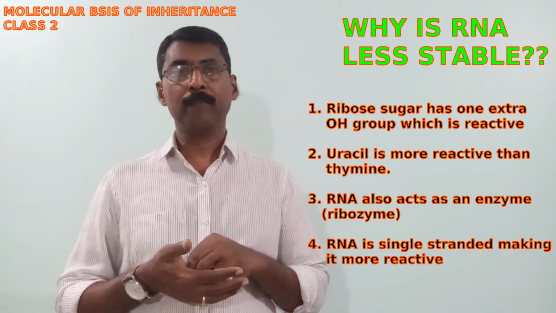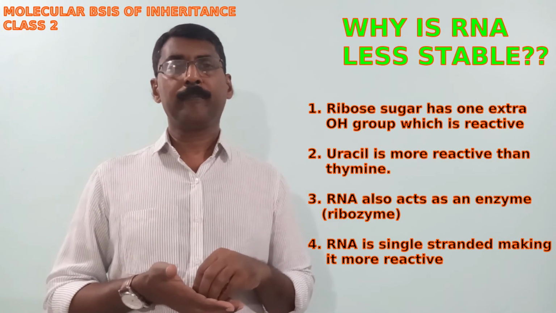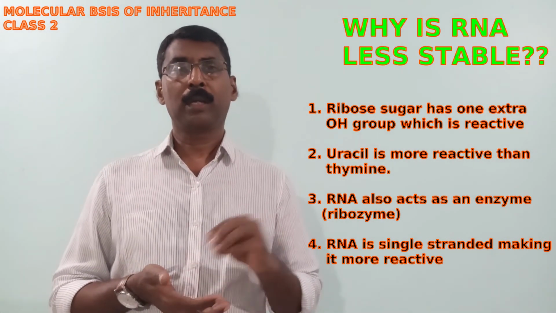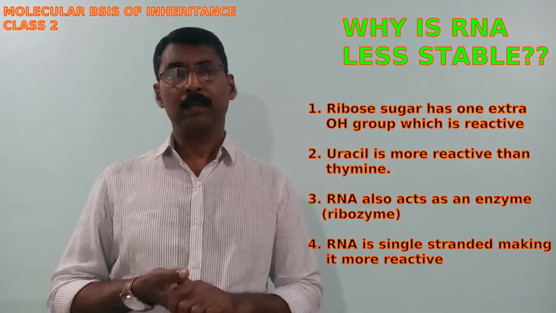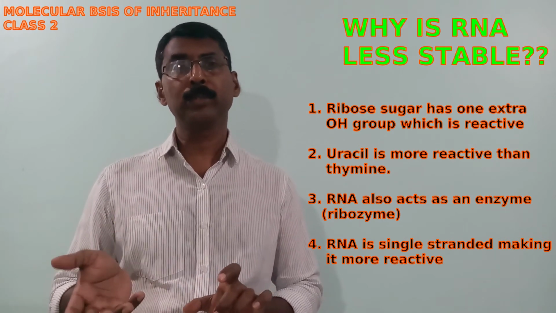Why is RNA less stable, chemically less stable than DNA? There are certain reasons for that. One of the reasons for less stability of RNA is that the sugar in RNA is ribose sugar, and the sugar in DNA is deoxyribose sugar.